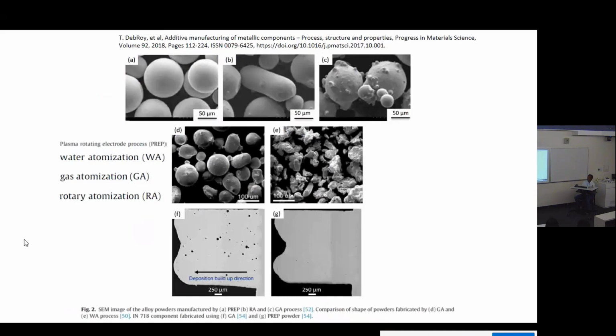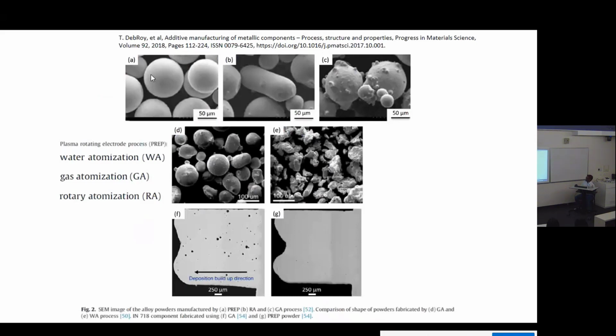The shape and size of the powder, and later we will see even the microstructure and hardness, will dictate the quality of the parts that can be produced. You can see some are really nice spherical ones, and they'll flow well in the delivery system without getting clogged, I would think. Yes.